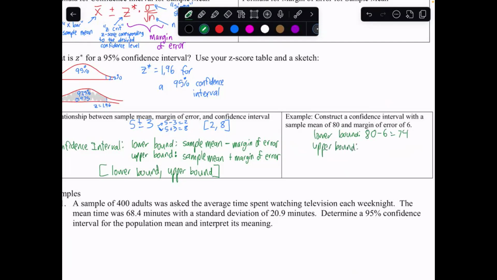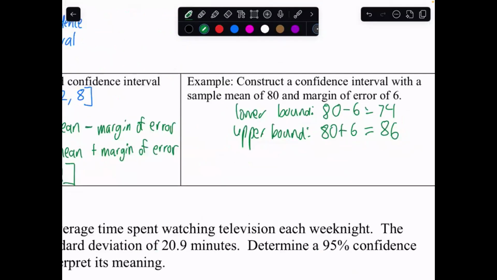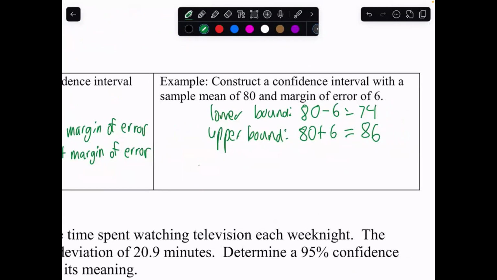Upper bound, from your sample mean of 80, you also could go up to 6 above it. So 86 is the largest answer that you think is reasonable. Okay, so your confidence interval, which I'll abbreviate CI, would be bracket 74 comma 86 bracket.